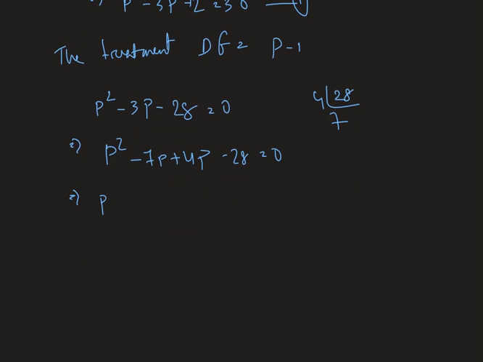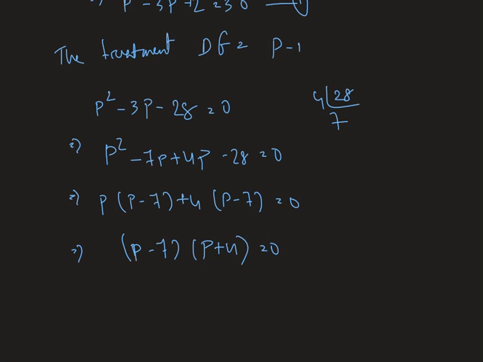Therefore we have p into p minus 7, and here we have plus 4 into p minus 7. From this we get p minus 7 multiplied by p plus 4 is equals to 0. Now as p cannot be negative, therefore the right value of p is 7.